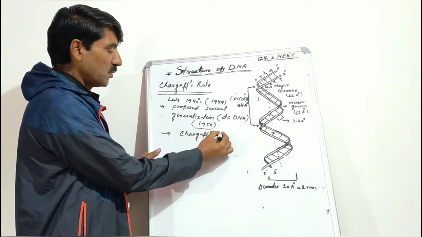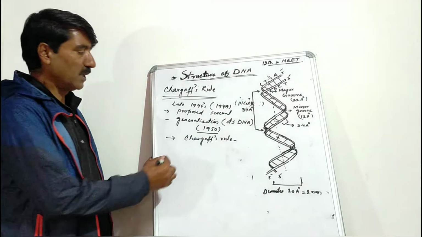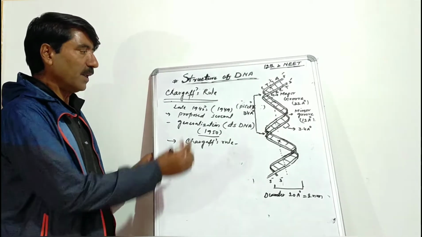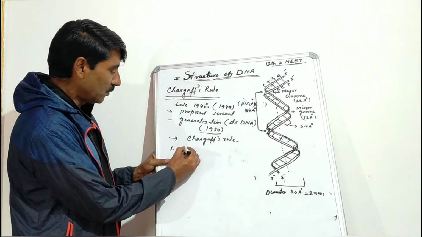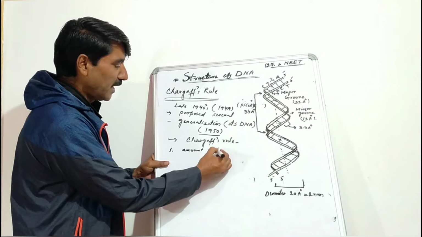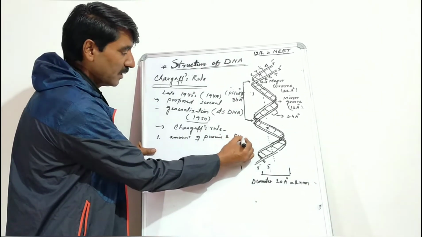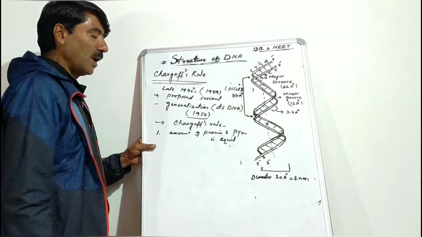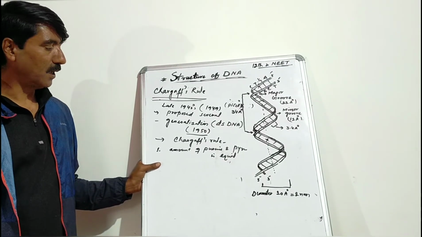Now these generalizations proposed by Chargaff are: number one, that in a double-stranded DNA molecule, the amount of purines and pyrimidines is equal. That is, the purine and pyrimidine amount is equal in a DNA molecule.